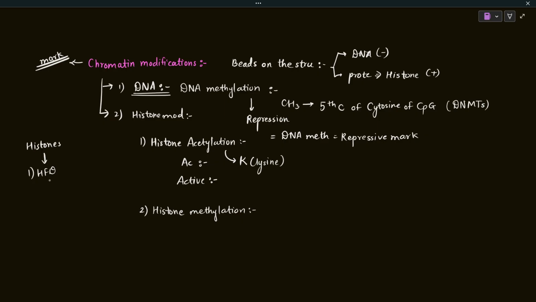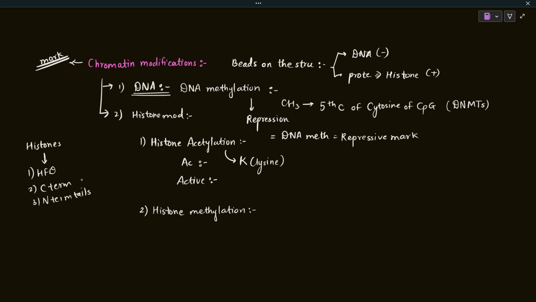This histone fold domain is very crucial because it provides the docking site for the DNA, and it has C-terminal extensions as well as N-terminal tails. Those N-terminal tails, the long stretch of amino acids protruding out of the octamer, are also known as histone tails.